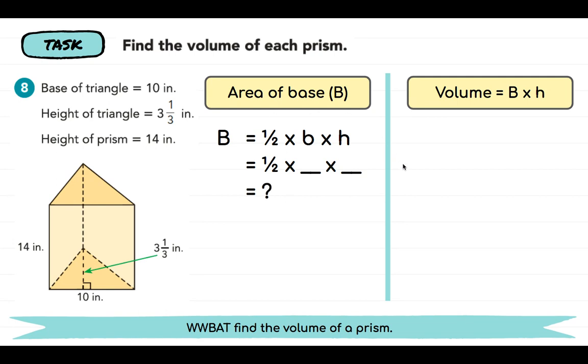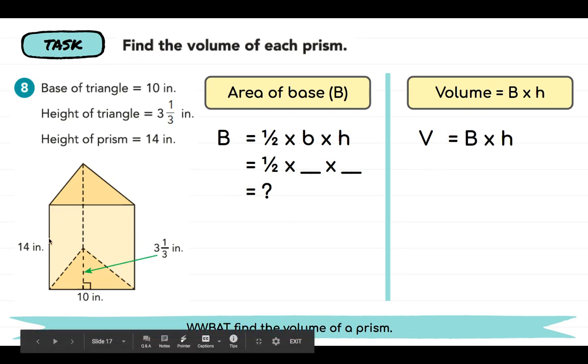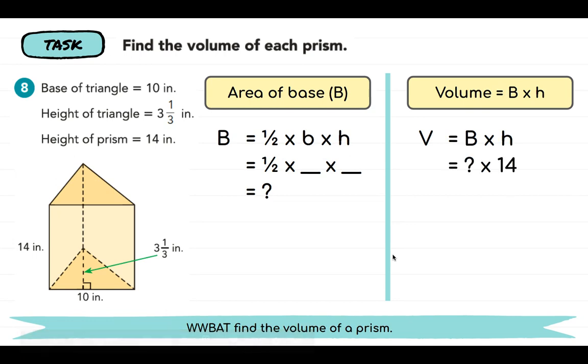And just like last time, you are going to multiply the area that you get from the first step with the height of this prism. The height of this prism is 14 inches. So I'm gonna have you pause this video for a second and then come back once you're done.